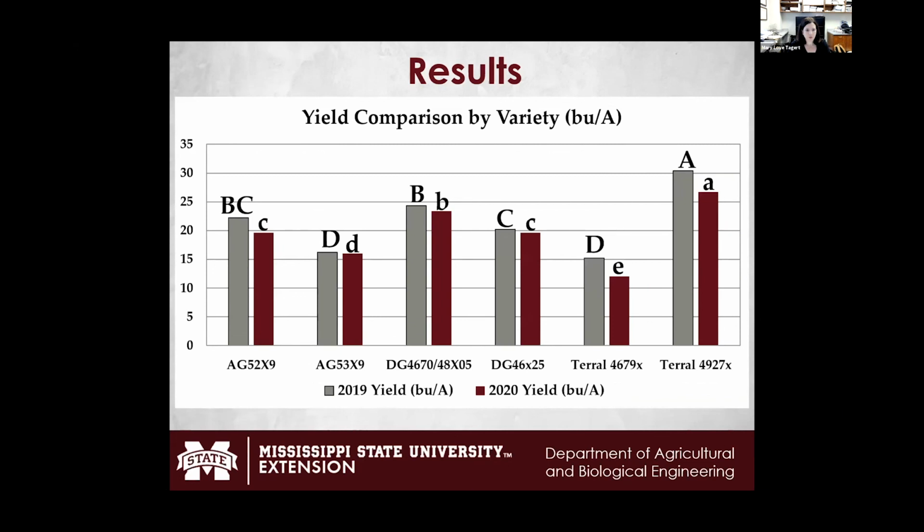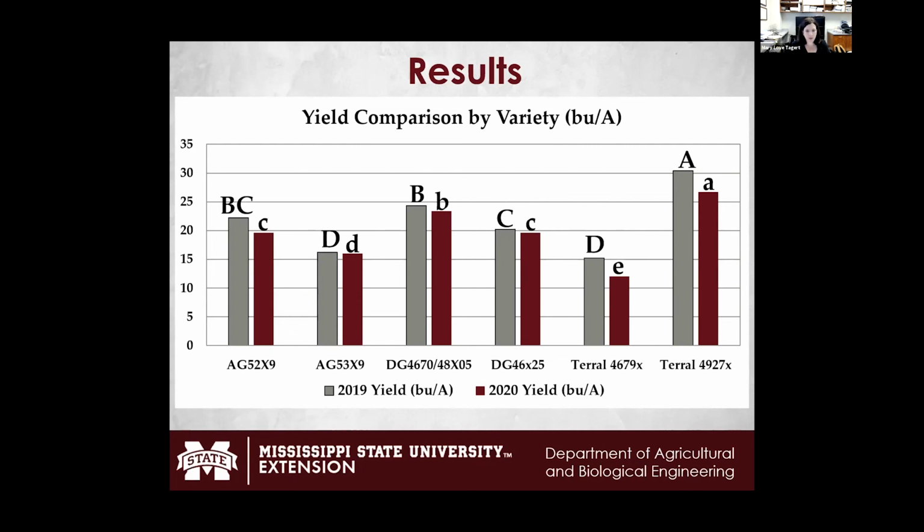So the yield comparison by variety, as we said, the Terrell 4927X rated better as far as symptomology, and then it also yielded better. So you don't always see that. Sometimes the cropping systems, even though they might rate a little bit better, they would still yield pretty well.